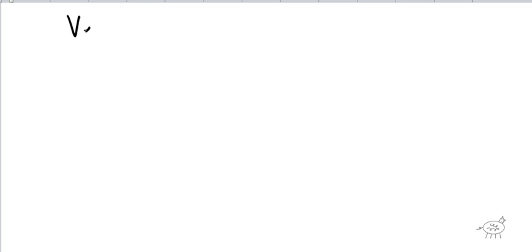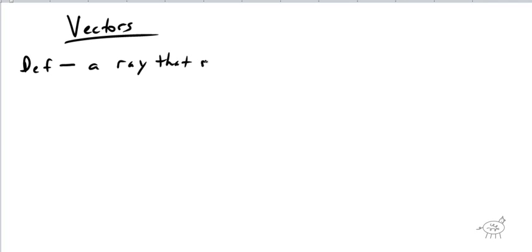So, vectors. Some of you may or may not know about vectors. You may have taken physics and know a little bit about vectors. It doesn't matter. I can teach you everything from the ground up. First of all, our definition of the vector: it's an array that represents a magnitude and a direction.